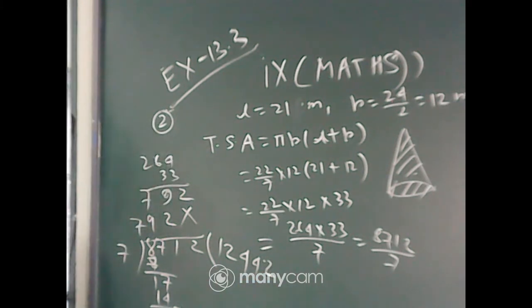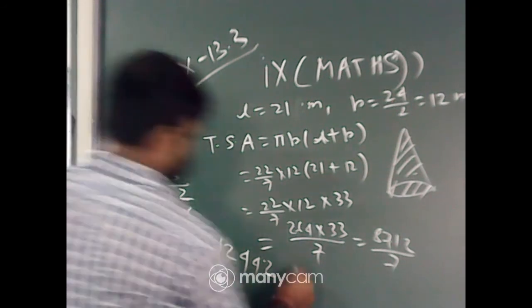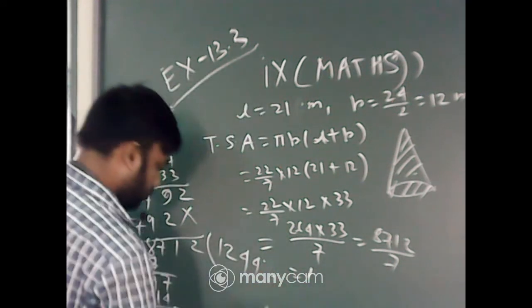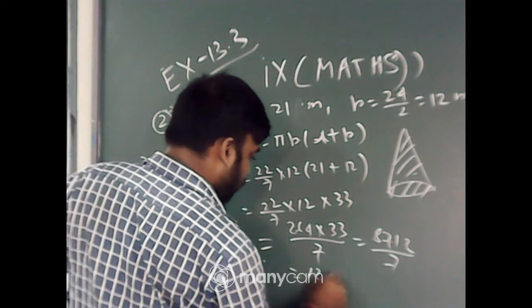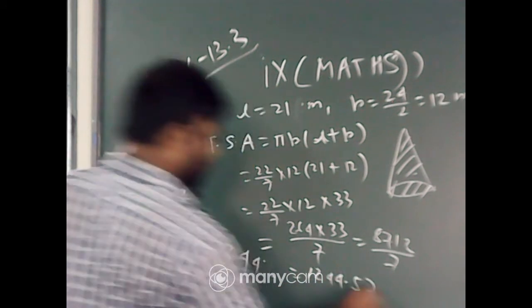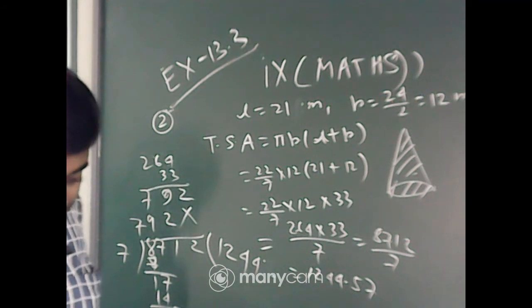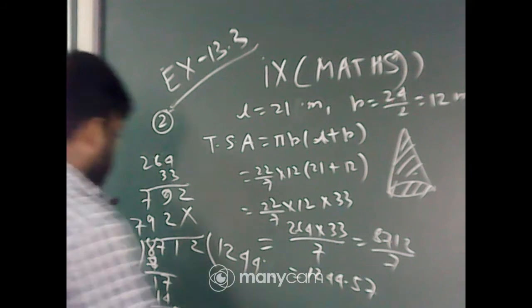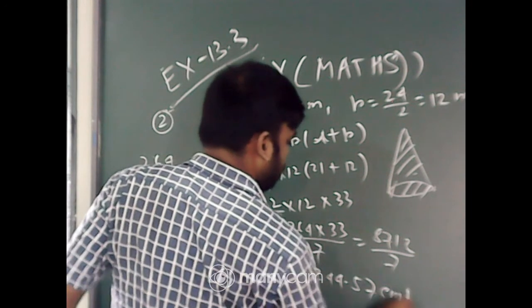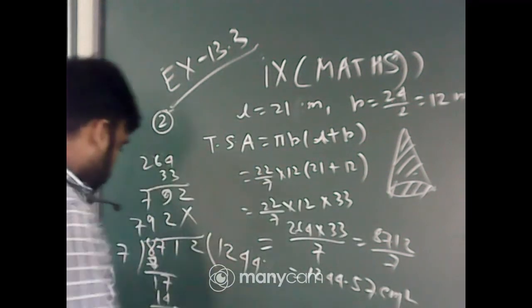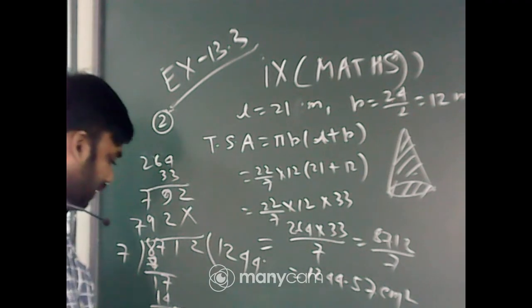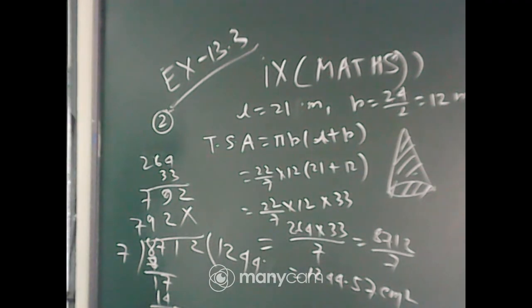Okay, 8712 by 7, that is 1244.57. That is the total surface area of that cone.